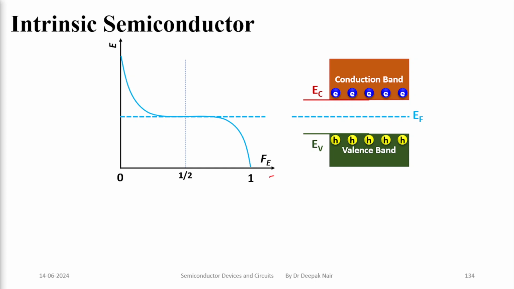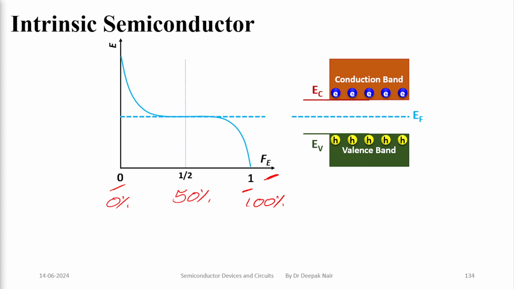Now let us go a bit deeper into the graph. f(E), the probability function, ranges between 0 and 1, 0 representing 0% probability and 1 representing 100% probability, and 1/2 here represents a 50% probability of finding an electron.